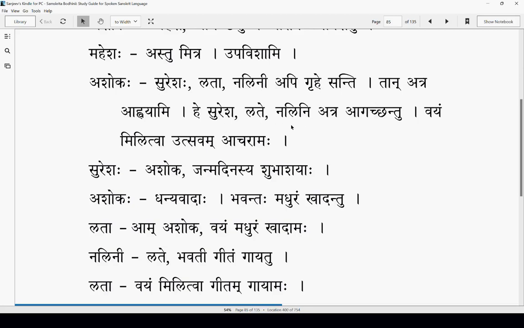Hey Suresha, Late, Nalini, atra agachantu. All of you come here. Vayam militva utsavam acharamaha. We'll celebrate together. The other things are clear here. Am Ashoka, here there is Sambodhanam, and then in Late, again Sambodhanam.